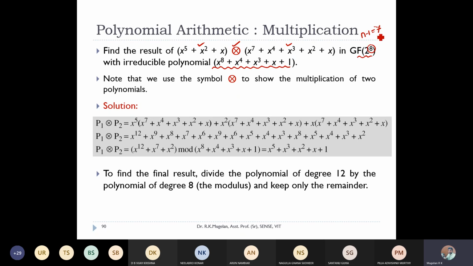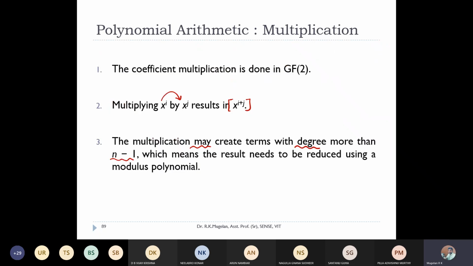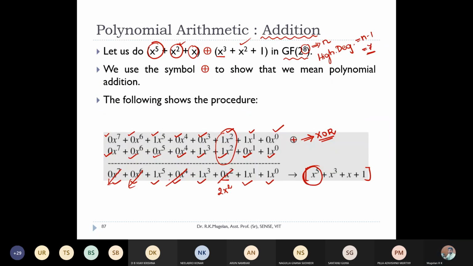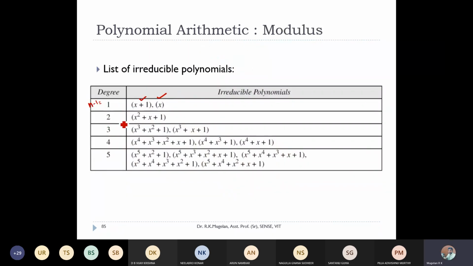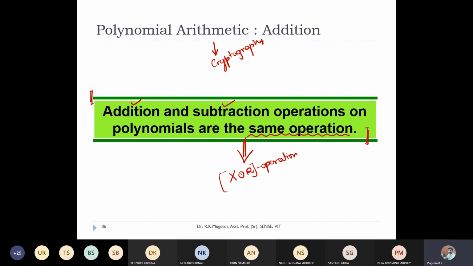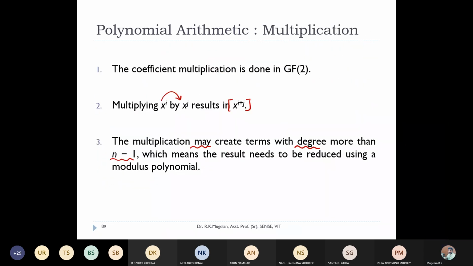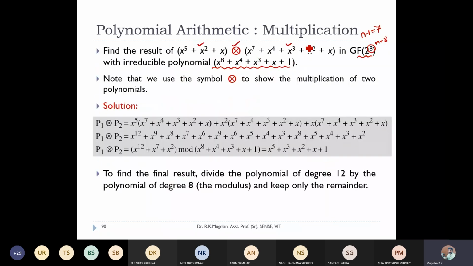The highest degree is 7, so the degree of the irreducible polynomial is 8 because your n is 8. Degree is based on the n value. In this case, n equal to 8 means I'll be using the irreducible polynomial with highest degree of 8. Now we'll see how this is going to happen.